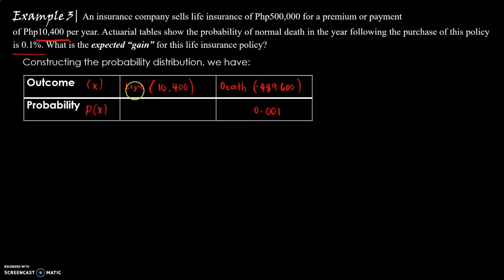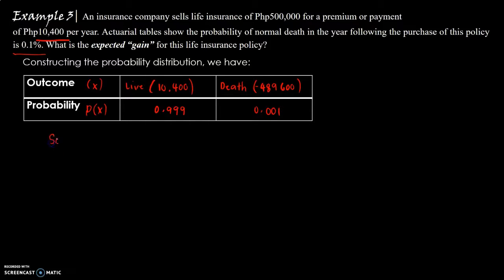And to find the probability that the customer will live at the end of the year is 1 minus 0.001, and that is 0.999. Right? So we are done now with our probability distribution. Okay? So now we are set to solve for the expected gain of this insurance policy.